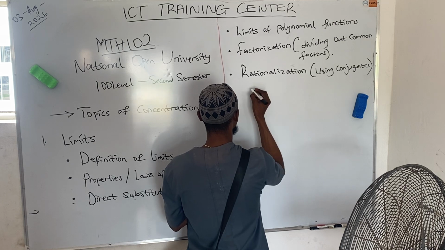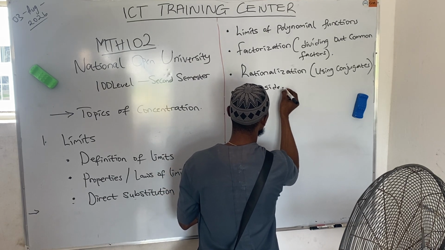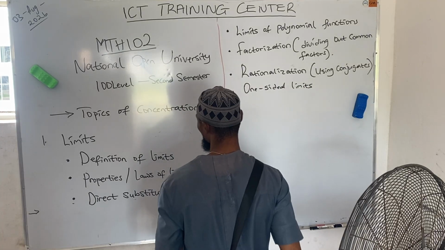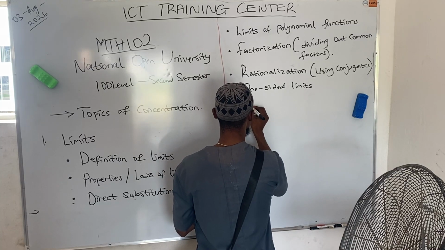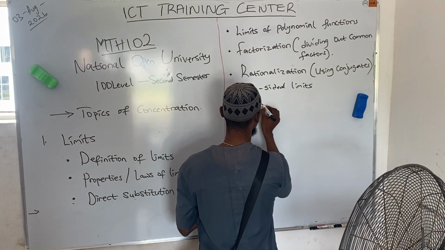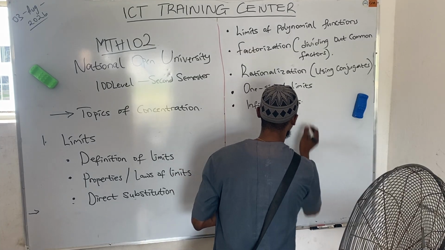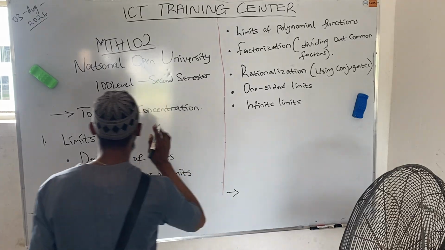So the next one here is one-sided limits. Hope my writings are clear enough. Okay. The last one on the list is the infinite limit. Okay. So this is it for this very limit.